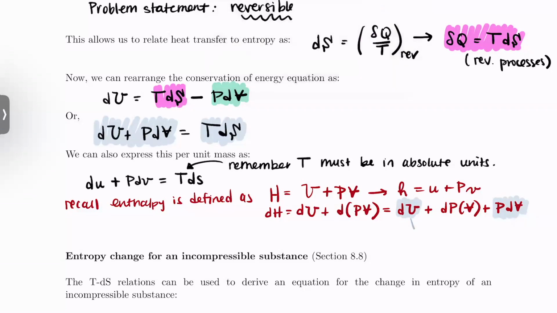These two terms, right? All right, so this means that we can rewrite this equation as dH is equal to T ds plus V dP.